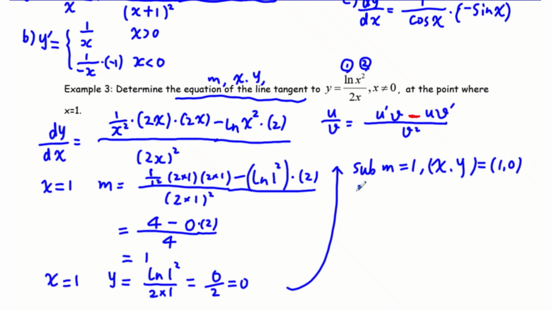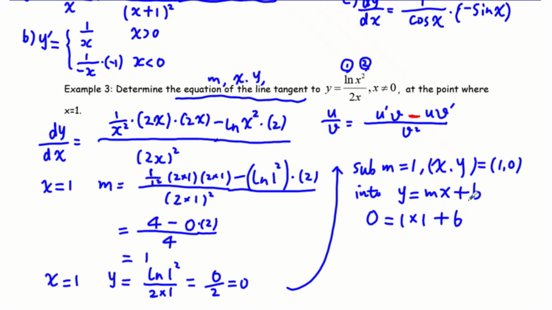This is a point on the straight line y equals mx plus b, slope-intercept form. So in this equation, 4 variables, 3 given, we can solve for the last one. So y is 0, 1 times 1 plus b.